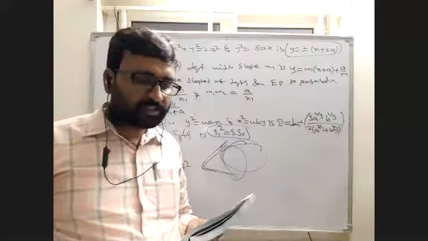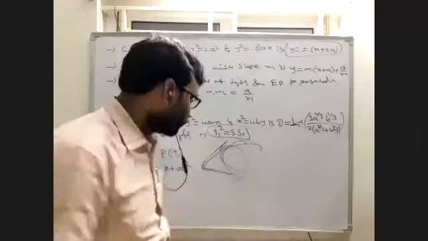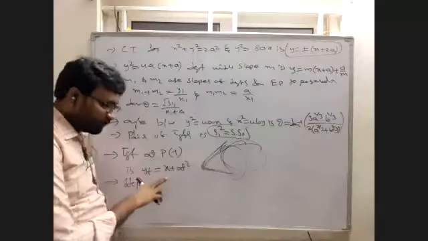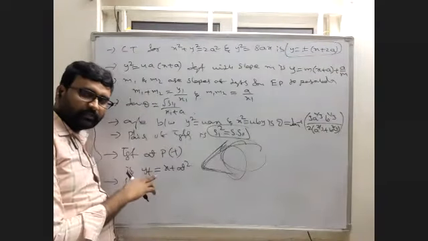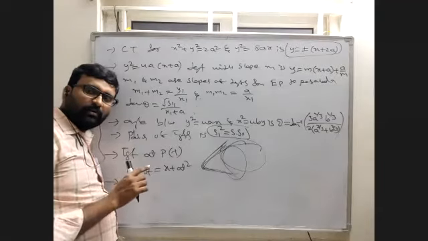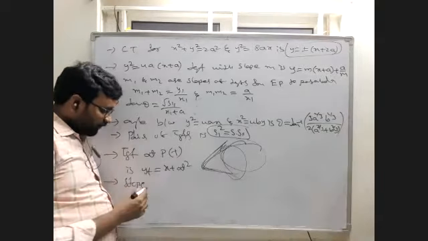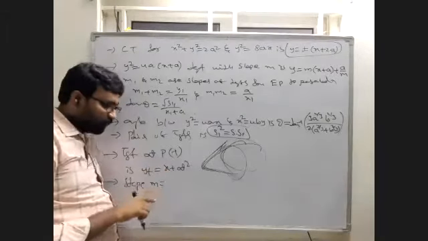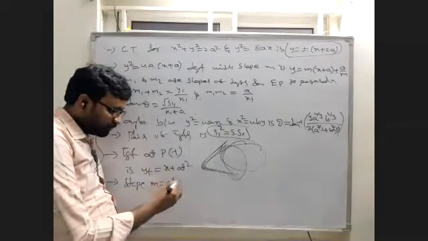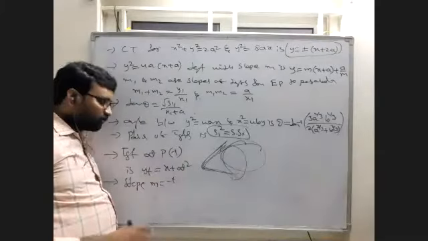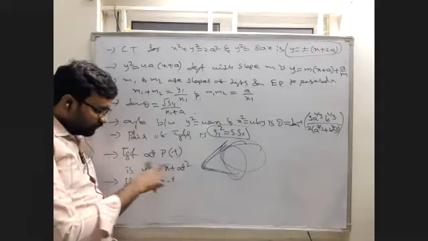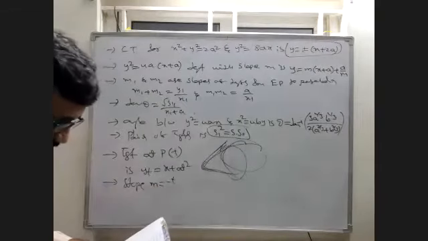Slope of the tangent at t on the parabola. What is the formula? Slope m equal to minus a by b. A is the x coefficient, which is minus 1, by b, b is the y coefficient, which is minus t. Taking that side, what will you get?